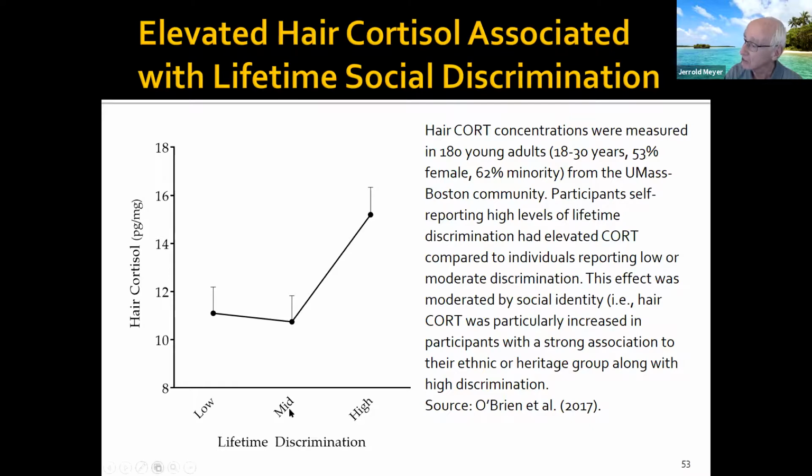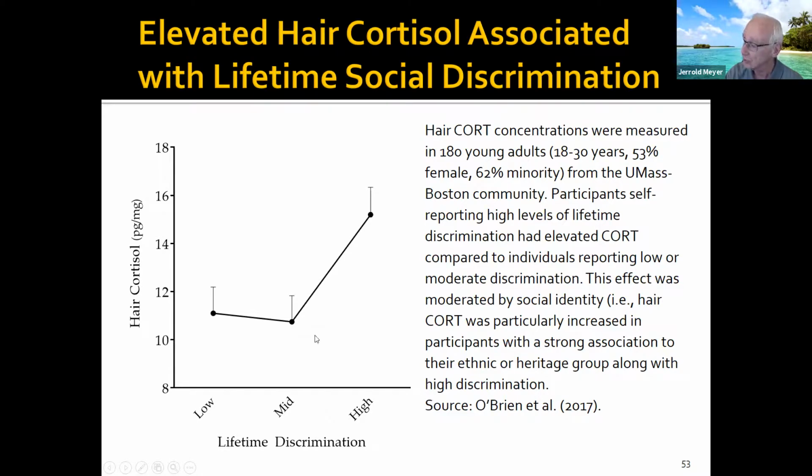We took the data from lifetime discrimination scores and made tertiles. So this is the bottom third, the lowest levels, the medium levels of lifetime discrimination, and then the highest levels. And you can see the systematic relationship. When you get to the high levels of perceived lifetime discrimination, there was a significant elevation in hair cortisol.